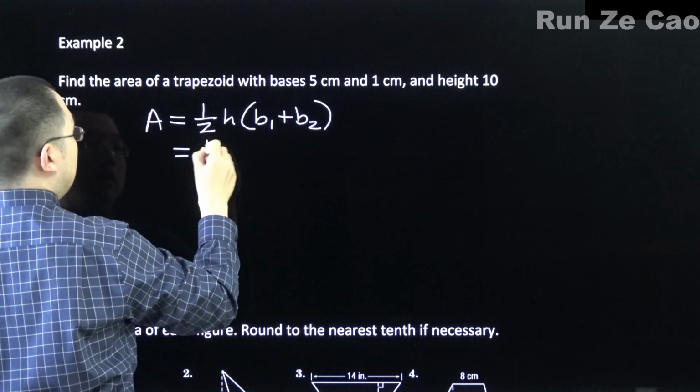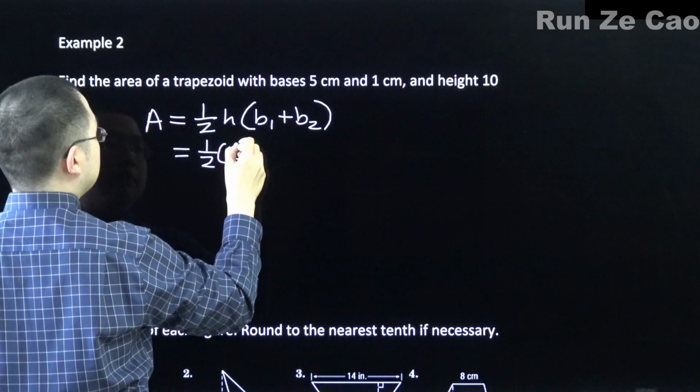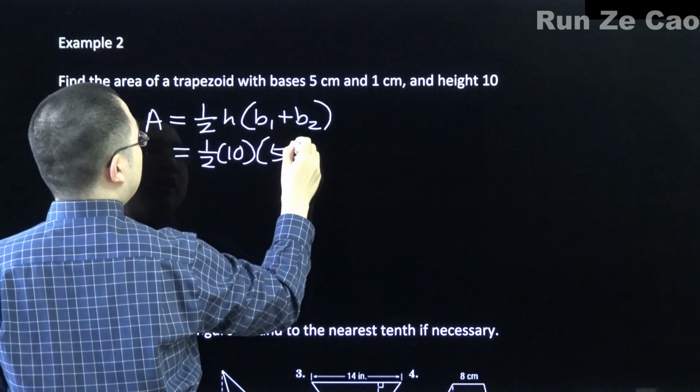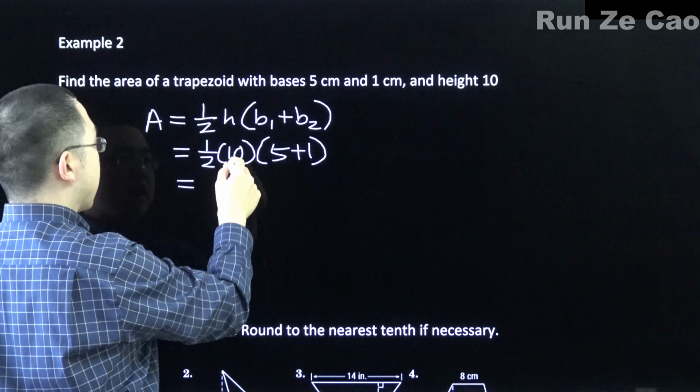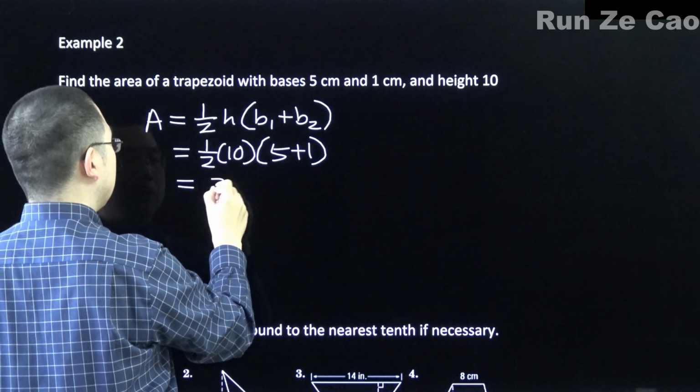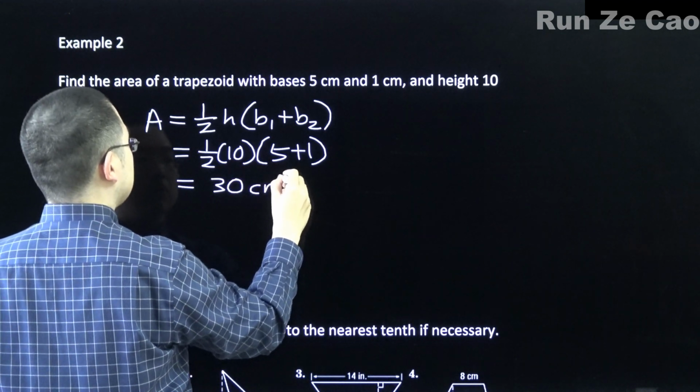So it's 1/2 times 10 centimeters times 5 plus 1, which means we're looking at 5 times 6 or 30 centimeters squared.